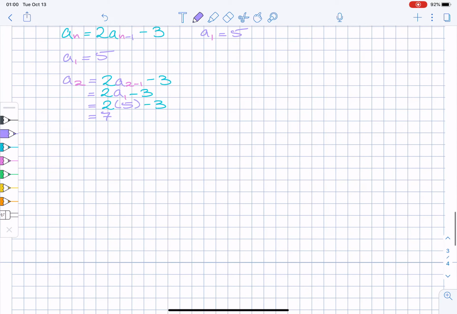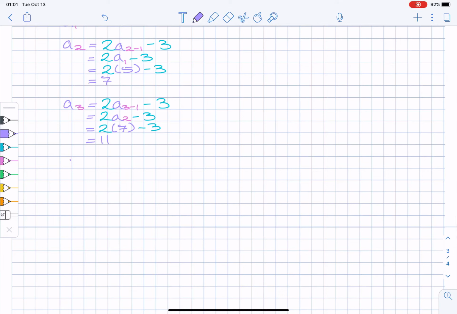Now what about a sub 3? That's twice a sub 3 minus 1, minus 3. So that's twice a sub 2 minus 3. What did we get for a sub 2? We got 7, so 14 minus 3 is 11.